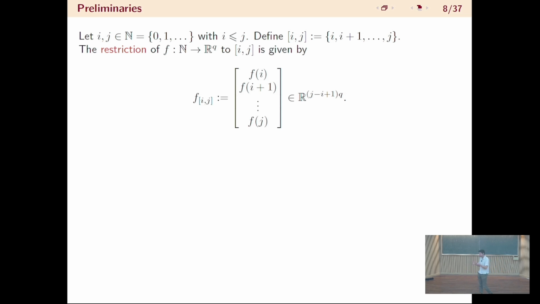I will consider functions f from the set of natural numbers to R^q. Now, R denotes the set of real numbers. And for such functions, I will consider restrictions to a certain interval of integers. So I will consider the restriction of f to the interval from i to j. I will denote that by f subscript ij. That is a column vector just considering the evaluation of the function f at i plus 1, up to j, like that.